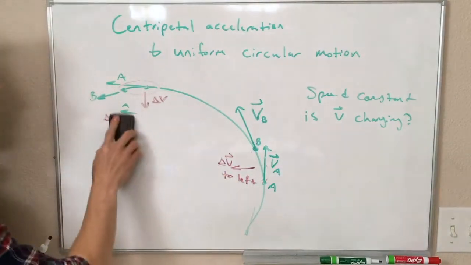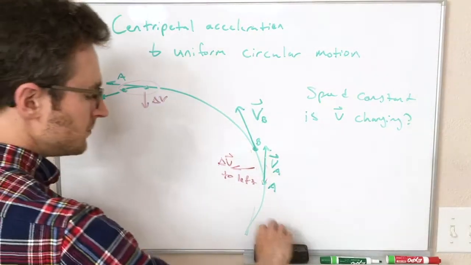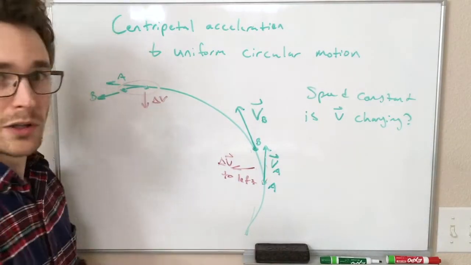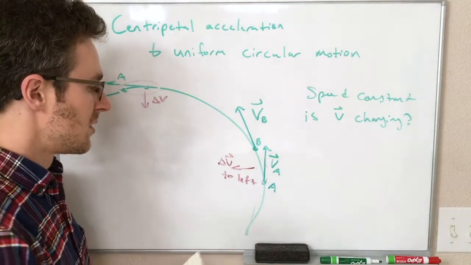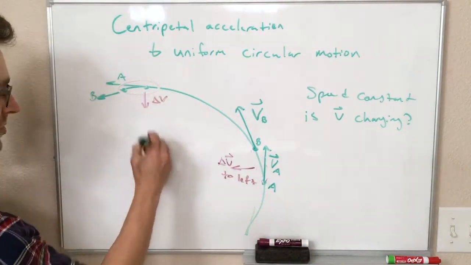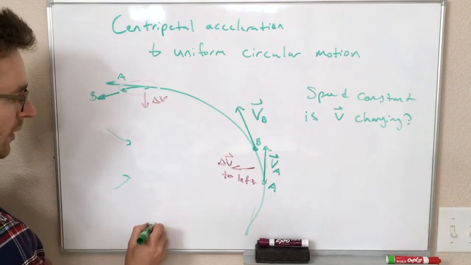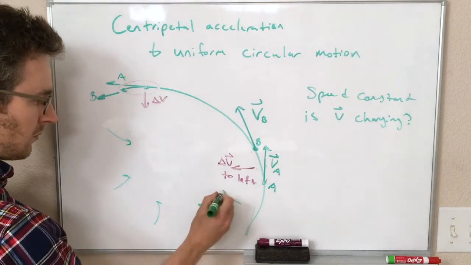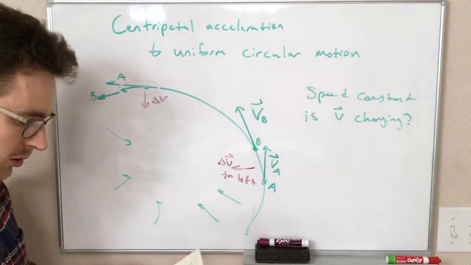If we did this for more points around the circle, you would see very quickly that all of these delta V's are pointing towards the center of the circle. So all of the delta V's around this are all pointing into the center of the circle.